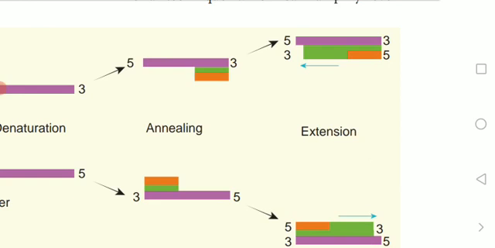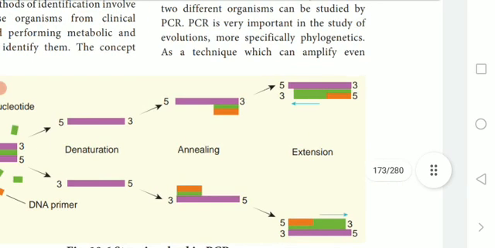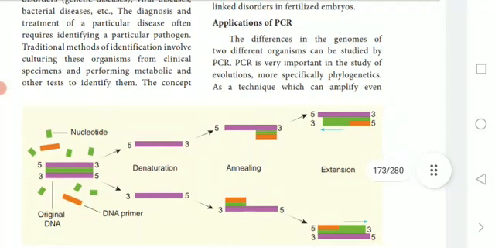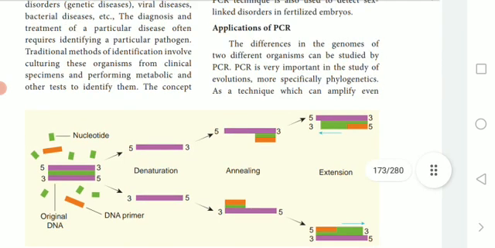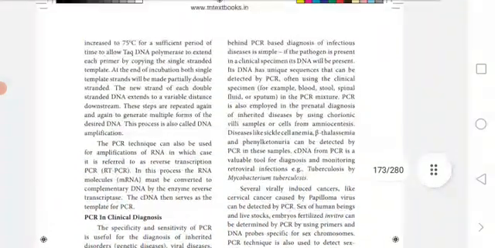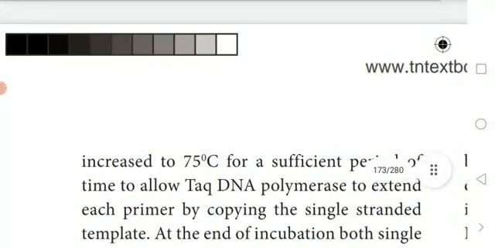During primer extension or synthesis, the temperature of the mixture is increased to 75 degrees Celsius for a sufficient period of time to allow the Taq DNA polymerase to extend the primer by copying the single strand of template. Here on the DNA, we attach one small fragment of primer, which can bring out the whole component of the DNA.